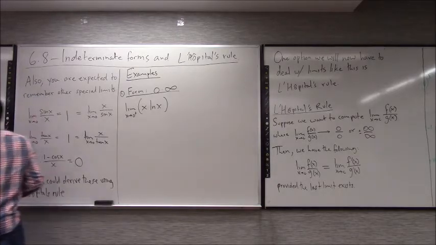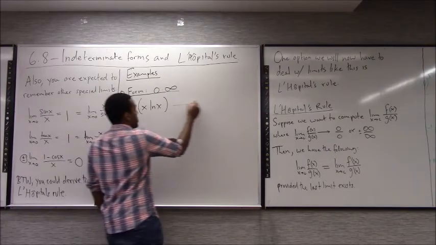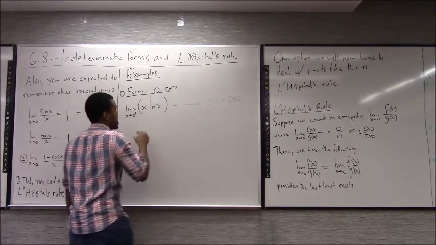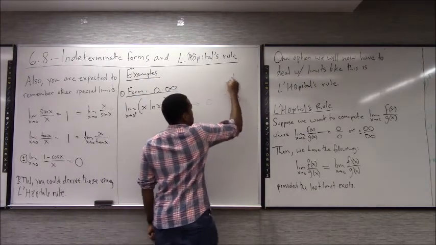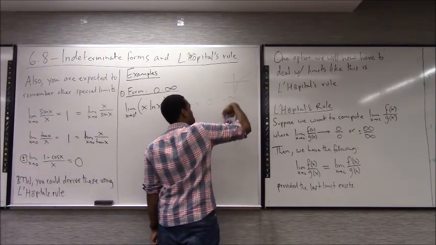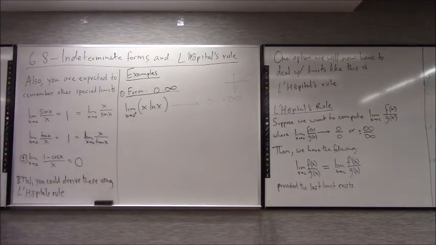Now because we know how ln looks, we can realize that this will approach 0 times negative infinity, right? Because remember the ln graph looks like this. So if you're approaching 0 from the right, it's going down to negative infinity, and obviously x itself is going to 0. So we have this form where we have 0 times infinity.